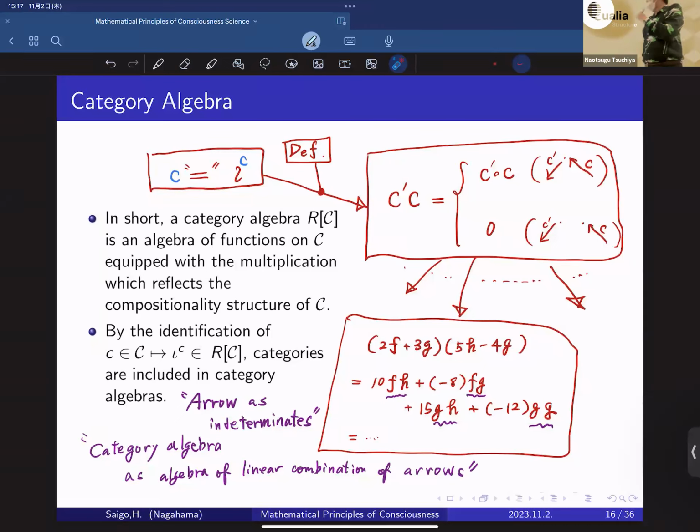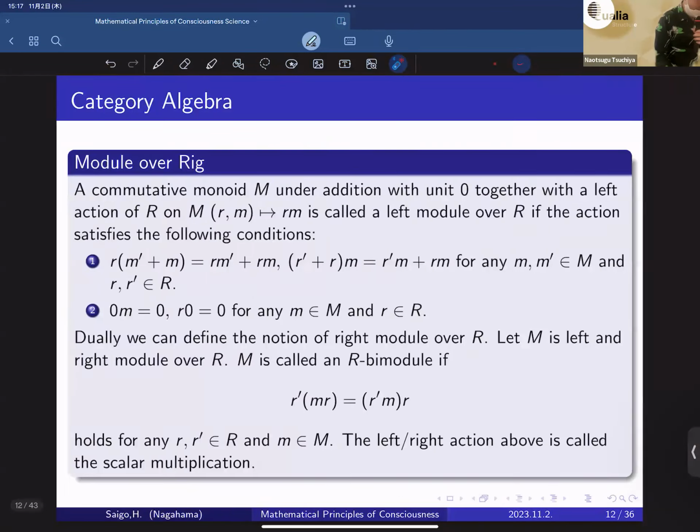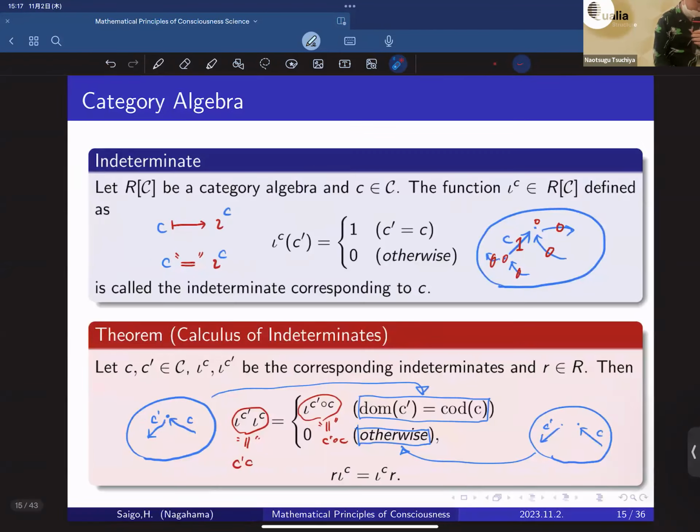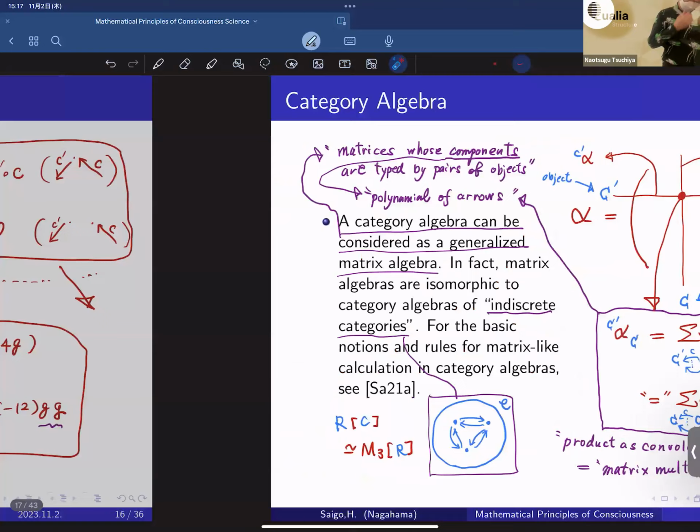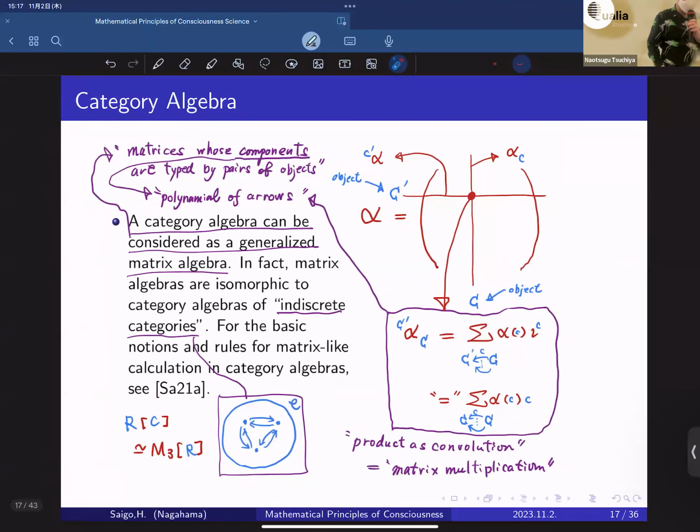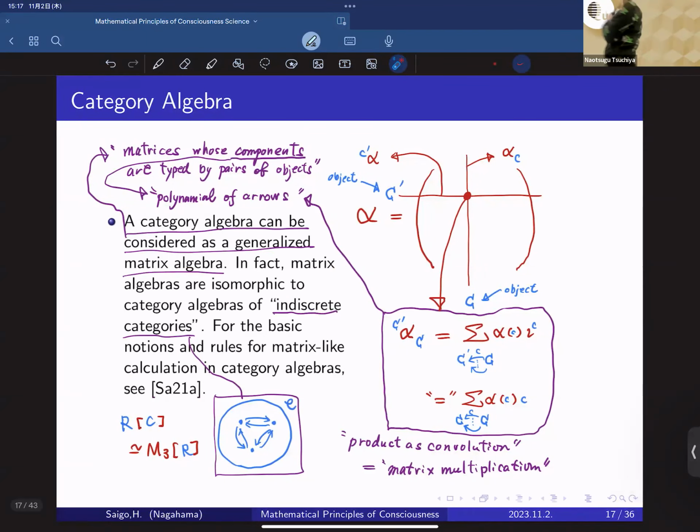So you can calculate this kind of thing in the exam. Okay. So this category algebra is very interesting. The generalized notion of matrix algebra, but I omit here.